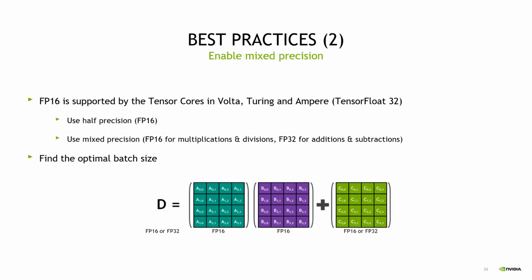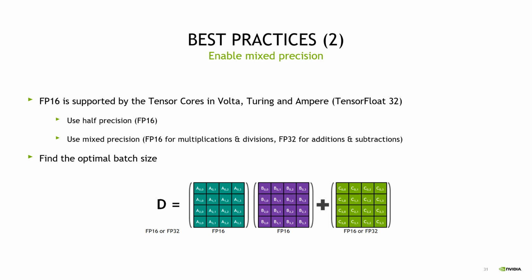Enable, wherever it is possible, the mixed precision so that you can leverage the tensor cores that are available in the Volta, Turing and Ampere architectures. This reduces the memory footprint because you are using less space, and also accelerates the training of your network.